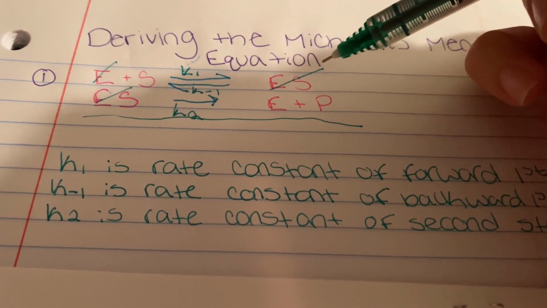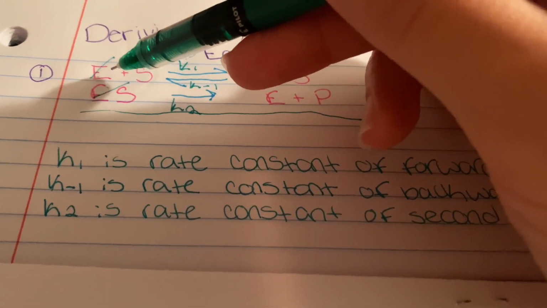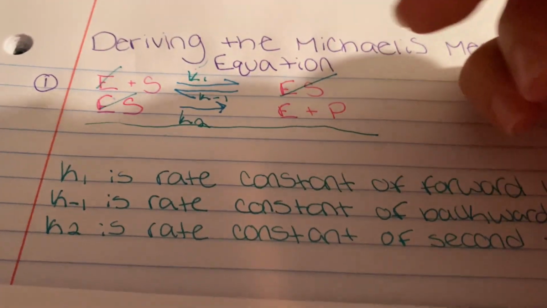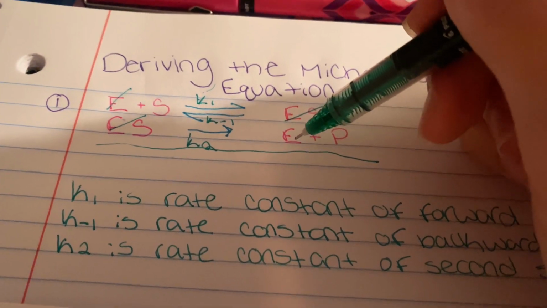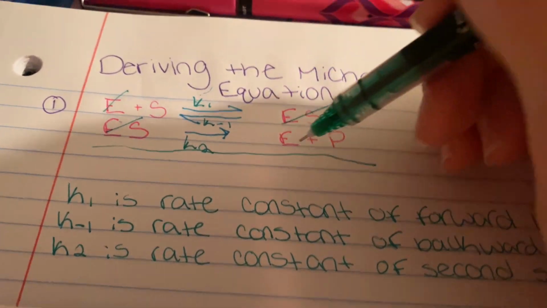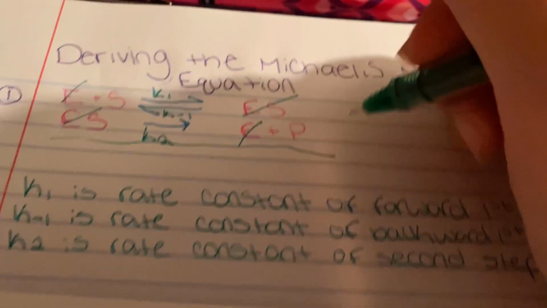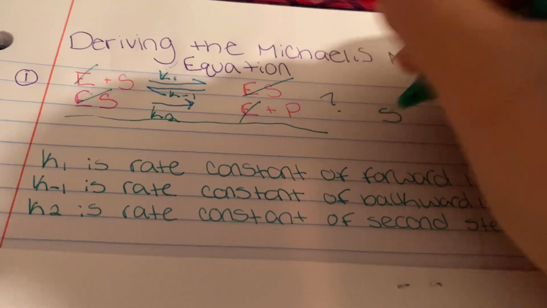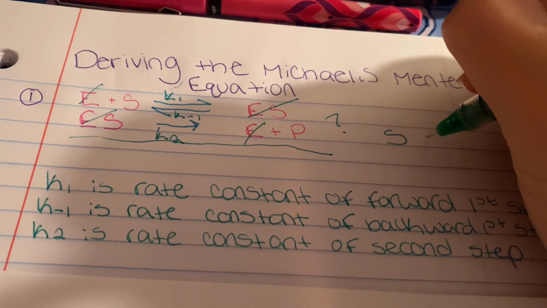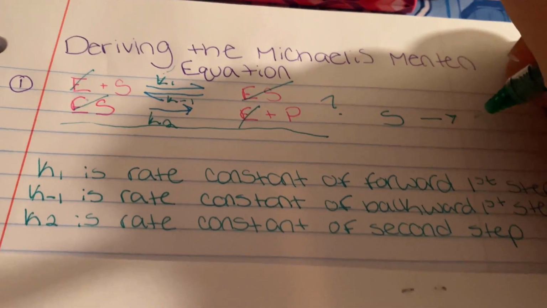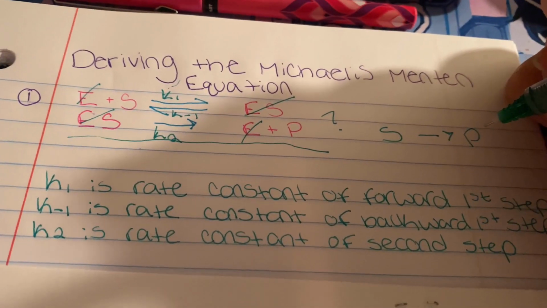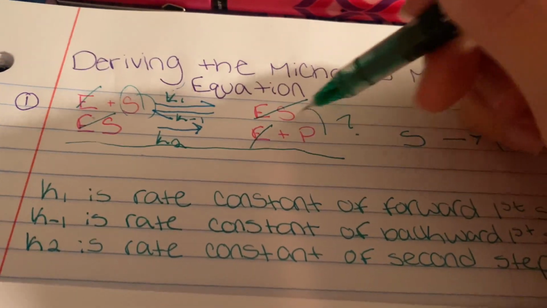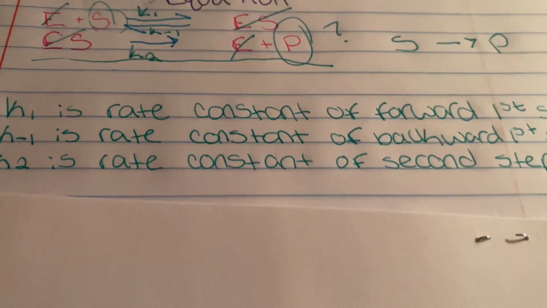Again, ES is the enzyme substrate complex, and E stands for enzyme, right? So the enzyme in reaction 1 is going to cancel with this one. So what are we left with? We are left with S, the substrate, creating product, right? So we have S, which is substrate, and P, which is the product.